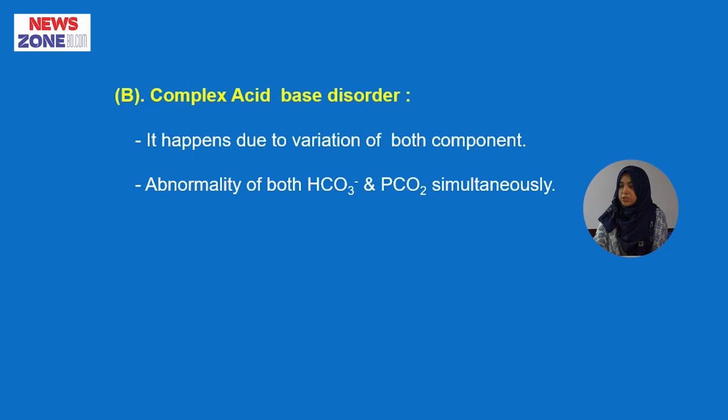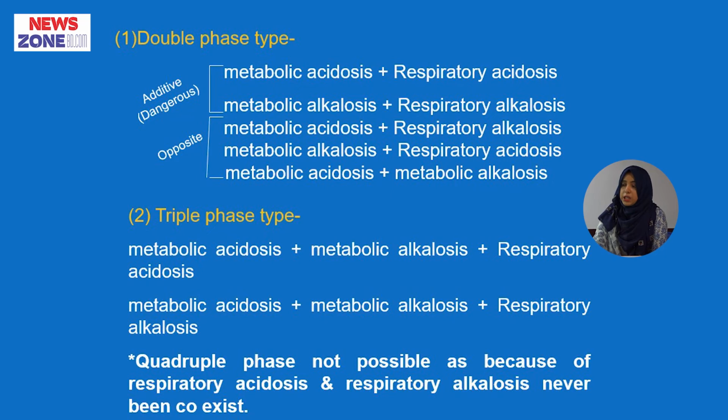Complex acid-base disorder happens due to variation of both components, abnormality of both bicarbonate and partial pressure of carbon dioxide simultaneously. It can be classified into double phase type and triple phase type. Double phase type: metabolic acidosis and respiratory acidosis. It can also be metabolic alkalosis and respiratory alkalosis.